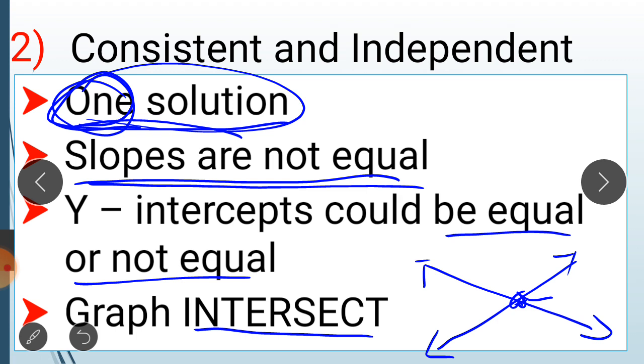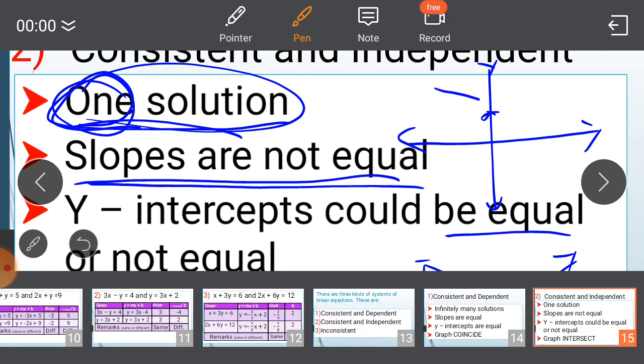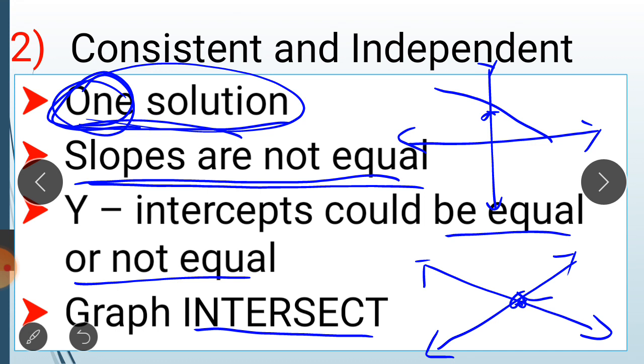Why? When you say y-intercept, that is the point where they intersect the y-axis. So if this is the point, and this is also the point where they intersect, that means they have the same y-intercept.